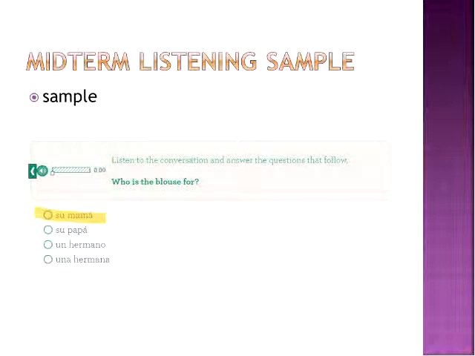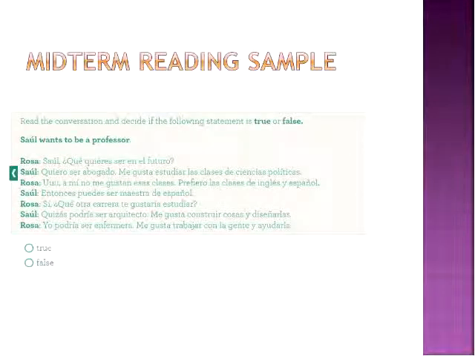Okay. We're not finished yet, students. We have a couple more pages. So here's an example of the next type of question on your midterm, and that's a reading sample.